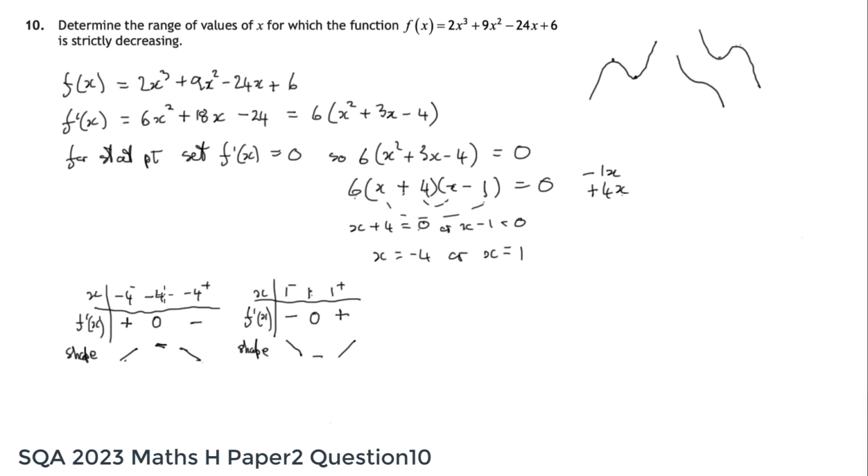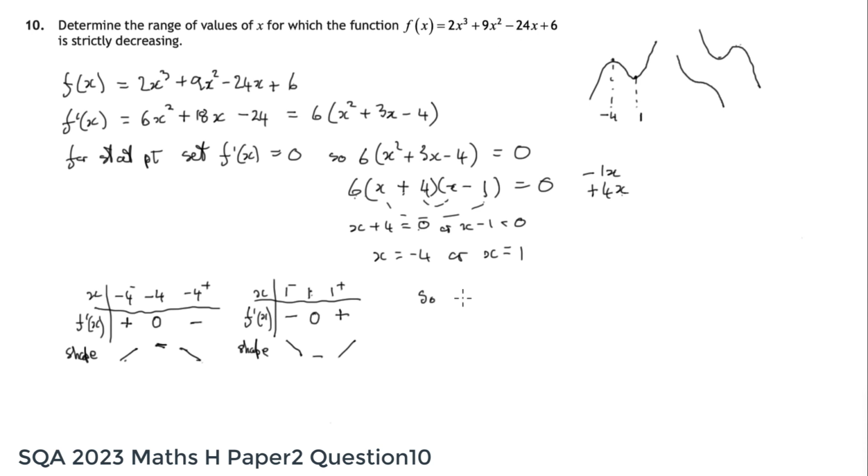So we can see that we must be in a situation like this curve where we're stationary point at negative 4, stationary point at 1, and in between we've got a strictly decreasing graph.